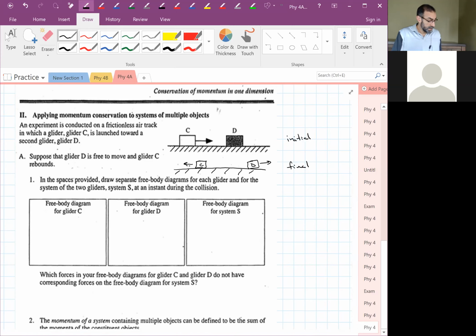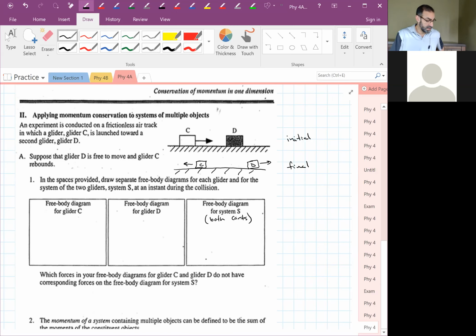We want to draw free body diagrams for C and D and the system, which is both carts together. This is at some point during the collision, while C and D are in contact with each other.